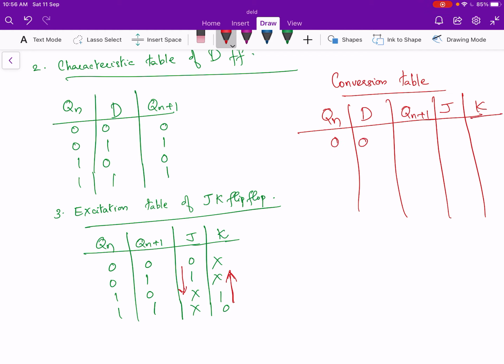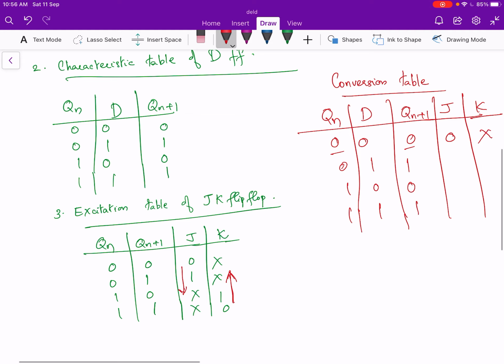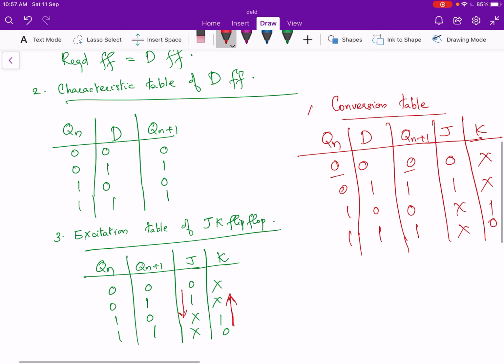So we can write, for Qn 0, Qn plus 1 0, JK is 0, don't care, then 1, don't care, then 1, and don't care 0.